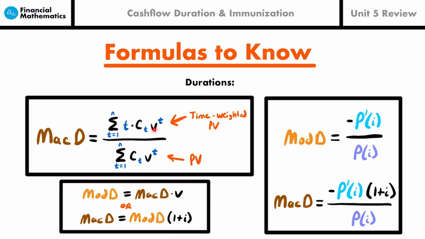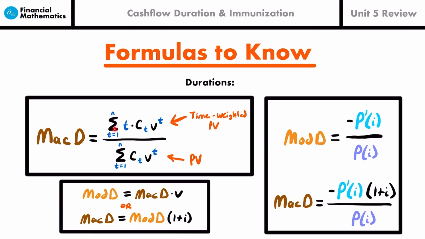We're multiplying it by a present value factor to the power of t, so it's bringing that cash flow back in time, the appropriate number of periods to have it valued at time 0, but then we're multiplying each of those cash flows by the time at which they are made, or the time at which they are received. Okay, and so you do that for every single cash flow and add them all together.